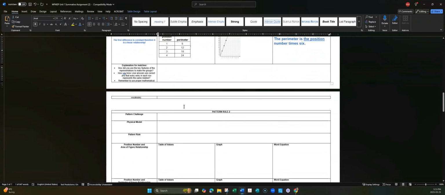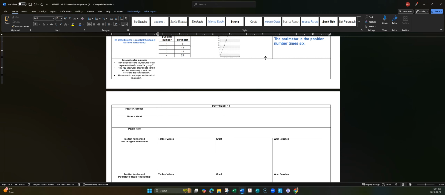Okay, so when you go to do pattern 2, I don't know why it won't let me suck up any more spaces there, but you can go like this and say go up there. Okay, so just play with it. It doesn't really matter if it's on one page or not, but it just looks nice. So you're going to write some sentences here. This is what you're getting your marks for. Explanation.